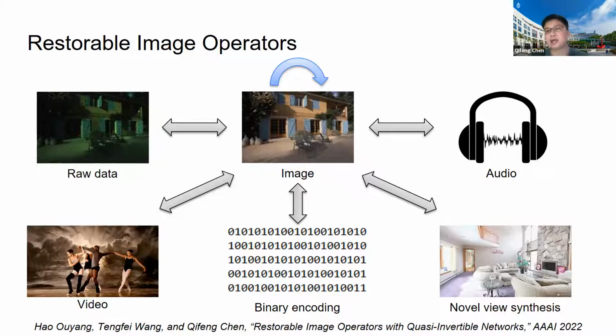If we apply day to night and then night to day, maybe we get a different result. So can we have a restorable image operator so that we can always get back the original image we start from?